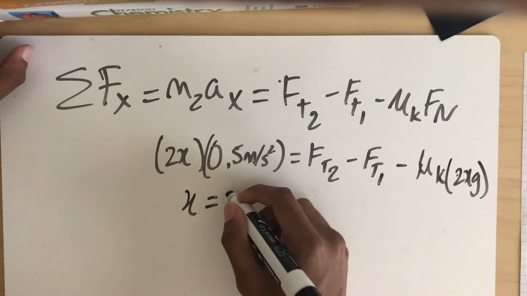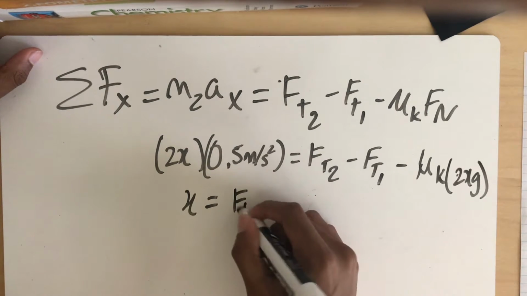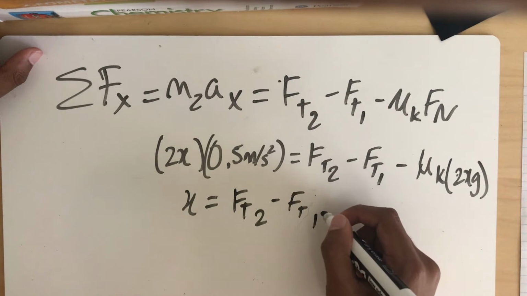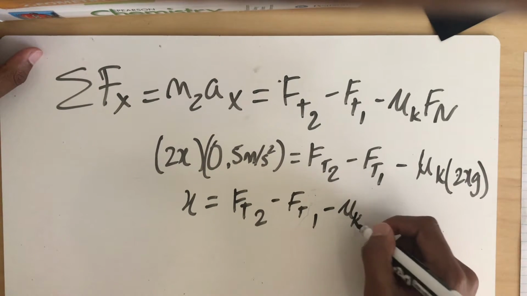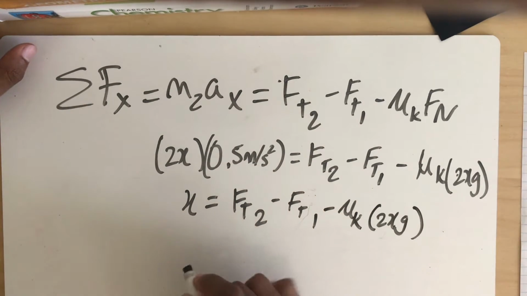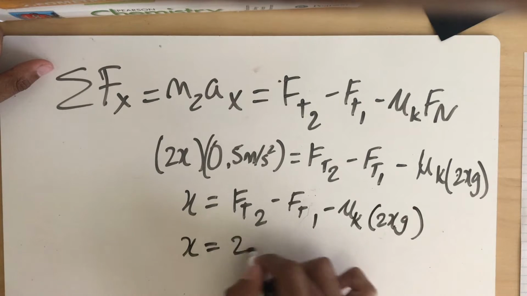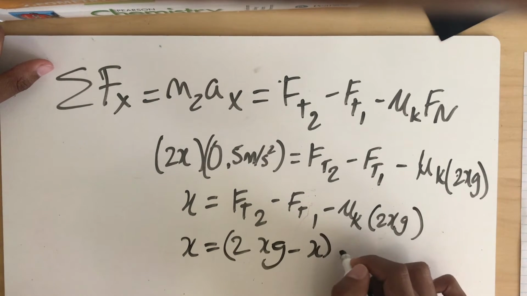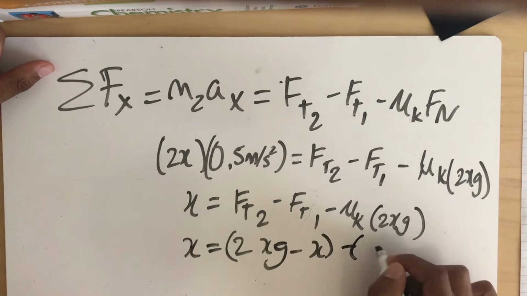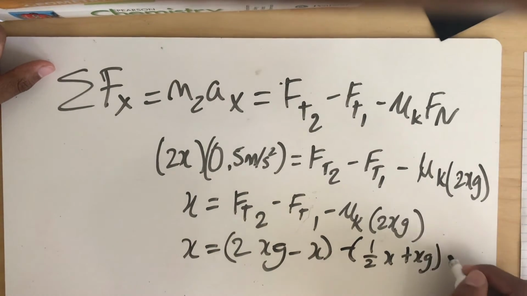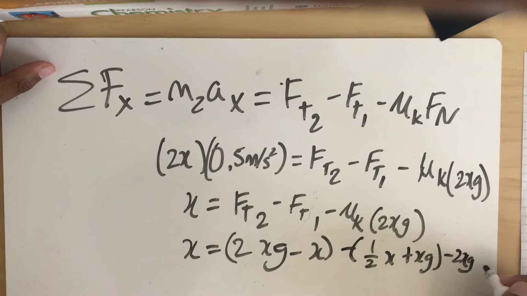And then reducing that, we can get x equal to Ft2 minus Ft1 minus mu k 2xg. After which, we're going to have x equal to 2xg minus x minus 1/2 x plus xg minus 2xg mu k.